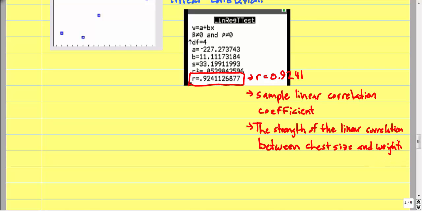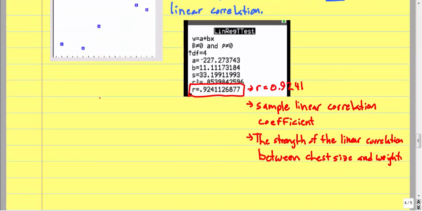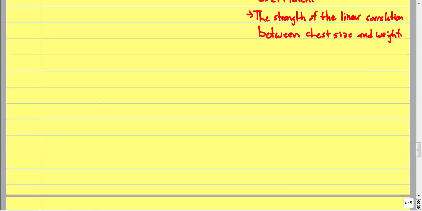Okay, so now I want to be able to answer the question, find the best predicted weight of a bear. Well, I don't know if the best predicted weight of the bear would be a linear regression line, a y hat, or if it would be y bar. I'm not sure of this yet. So let's go ahead and do our steps of linear regression, or linear correlation.